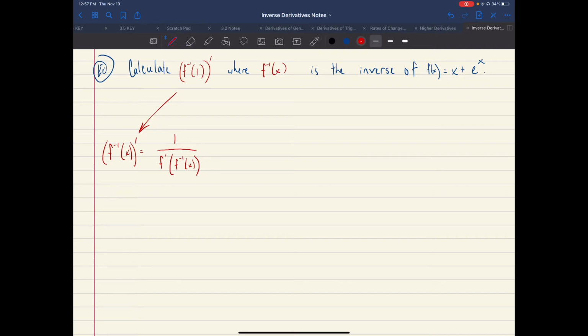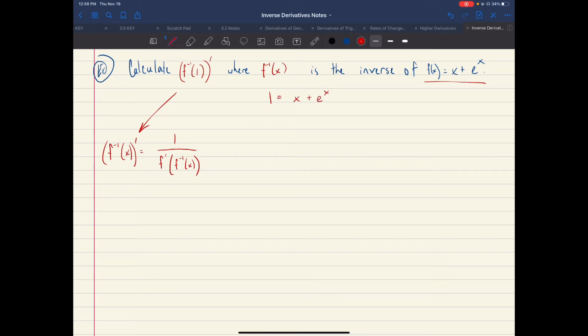So since we can't solve this function x plus e to the x for its inverse first, because that e to the x is making it so we can't do that, what we have to do is find out just the specific value, what is f inverse of 1? And remember that if it's an input of the inverse, it's an output of the function. So what I'll do is take 1 and set that equal to x plus e to the x.